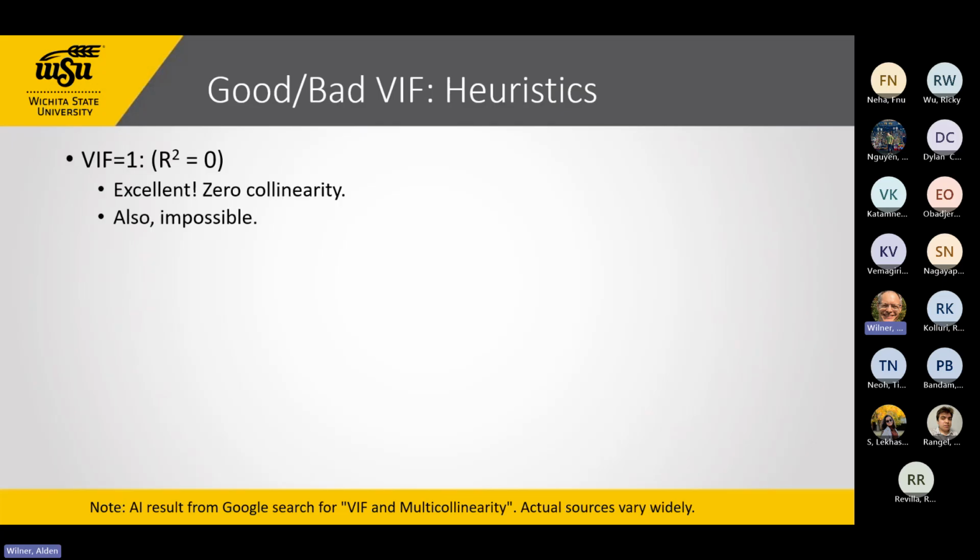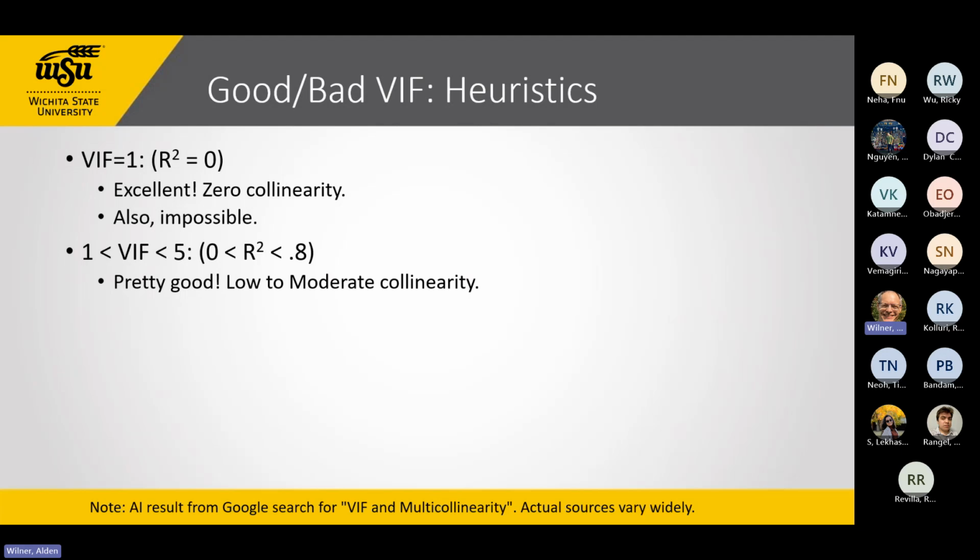And when you see something that has a VIF of 1, this equates to an R squared of 0. There's zero collinearity, also impossible in real life.